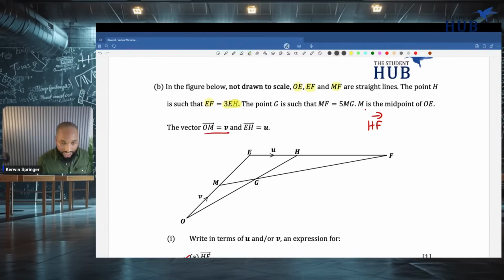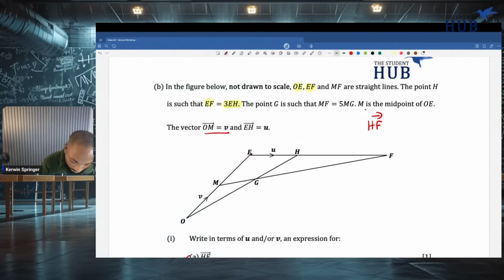EF is 3EH. You'll see by the time we have finished this workshop on vectors, there are two ways they can bring these ratios. This is one of them, where EF is 3EH. So make sure you follow the language properly. Watch the language.